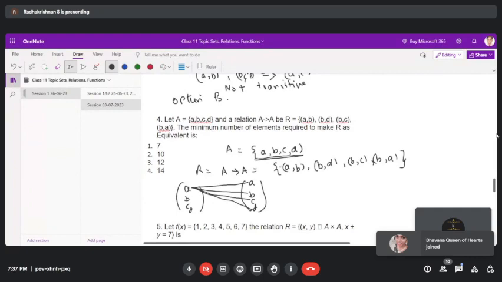We saw a formula for that. If there are 4 elements in a set, the total number of relations that can be formed. So how many relations can be formed? We'll put the total number of relations.